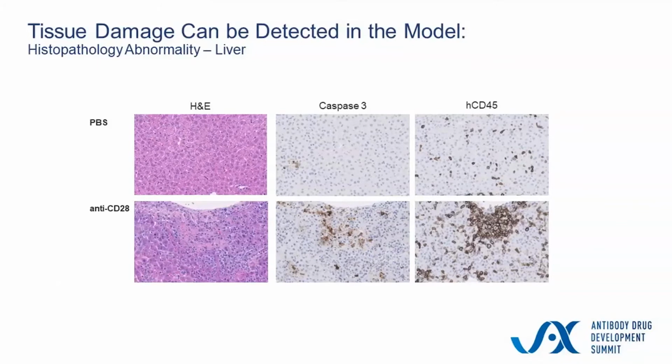On the far right, you see large numbers of human CD45 immune cells in these anti-CD28 treated livers. In the center panels is caspase-3 staining. As you can see, a lot of these immune cells are actually going through apoptosis and dying within the liver itself.